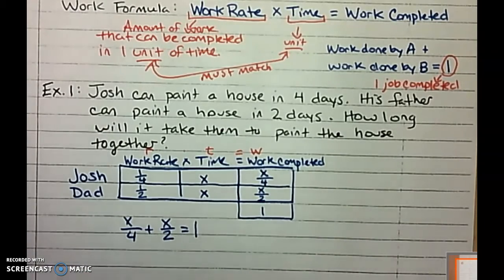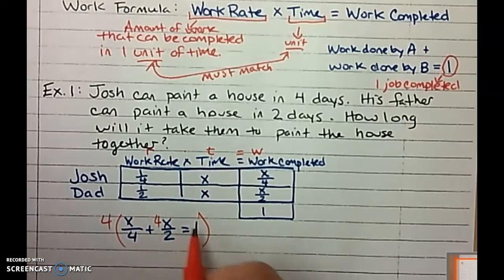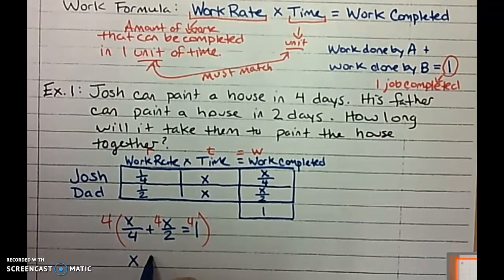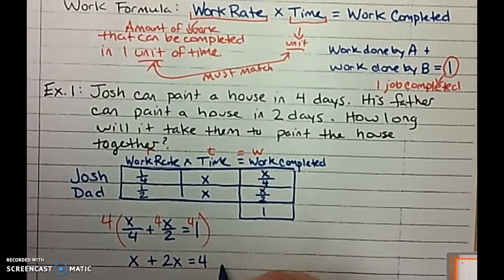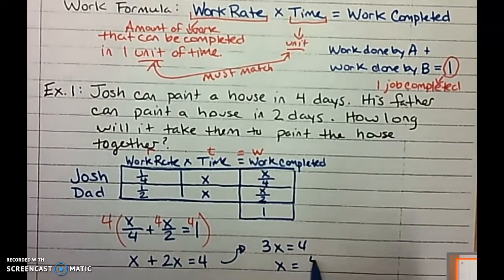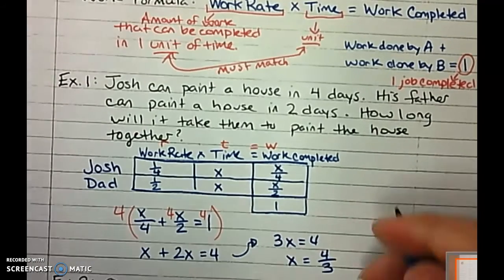Now we can see we have a rational expression. So the easiest thing is to multiply through by our LCD. So we're going to end up with X plus 2X equals 4. 3X equals 4, or X equals 4/3. Okay, well, let's make sure we understand what that means.